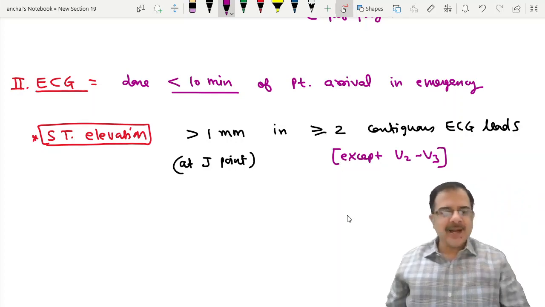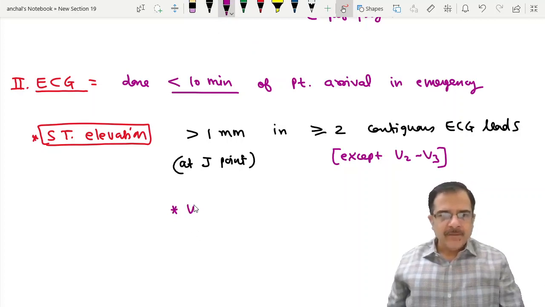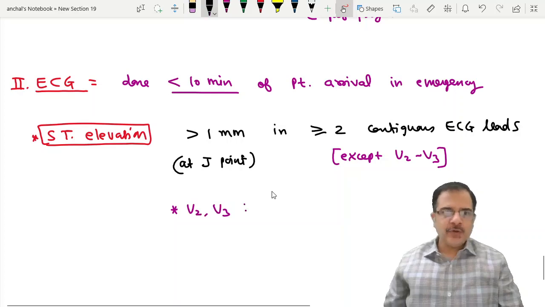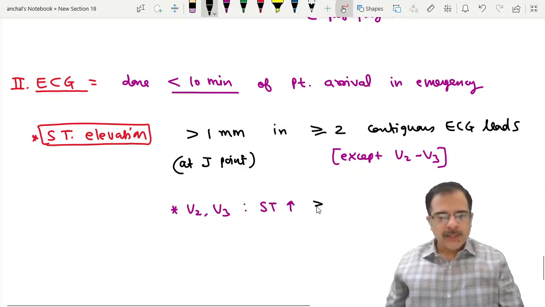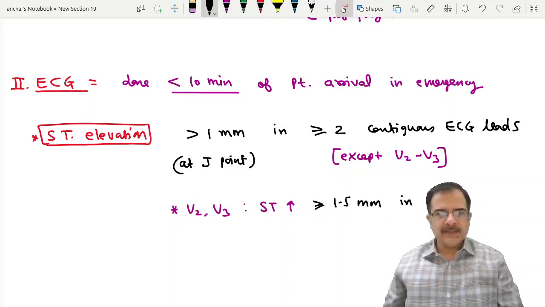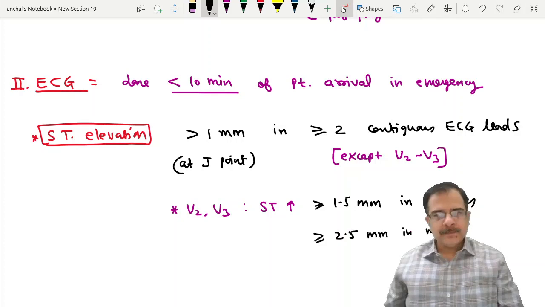So what is the criteria in the V2 and V3 leads? The criteria in V2 or V3 is ST elevation of more than or equal to 1.5 mm in females, and ST elevation of more than 2.5 mm in males less than 40 years of age, and more than 2 mm in males more than 40 years of age.